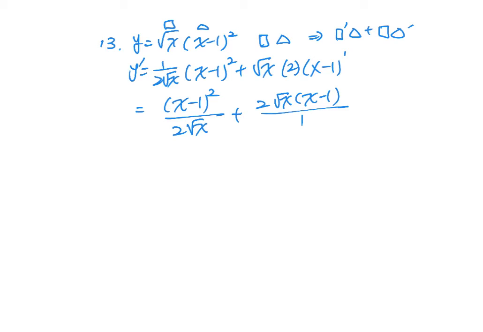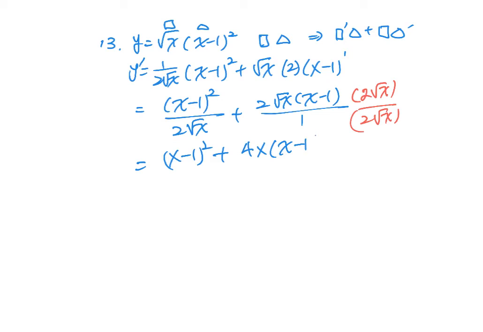Obviously, we need a common denominator. X minus 1. 2 root x times 2 root x, that's just going to be 4x, all over 2 root x.